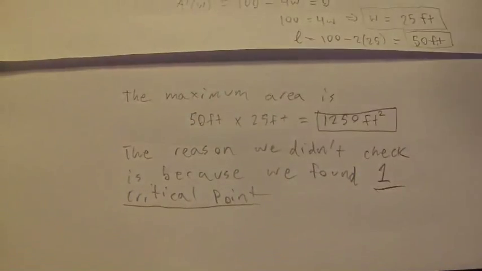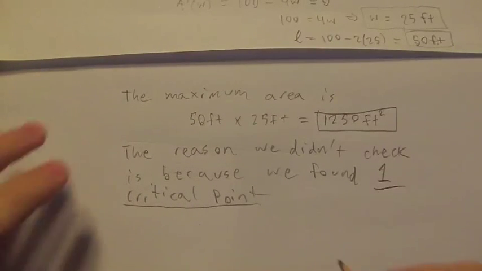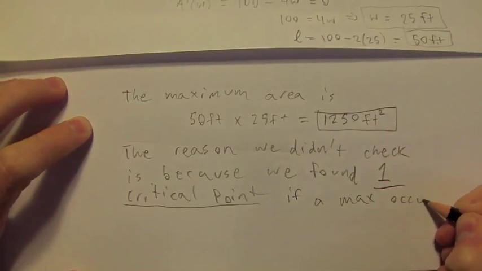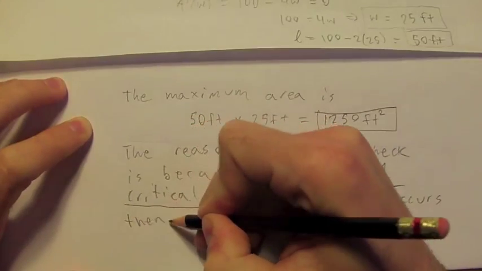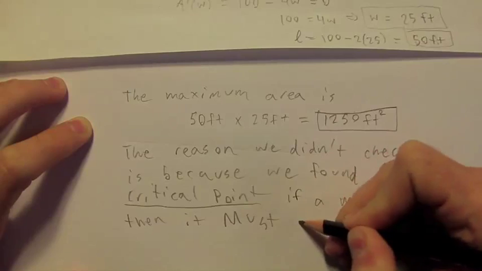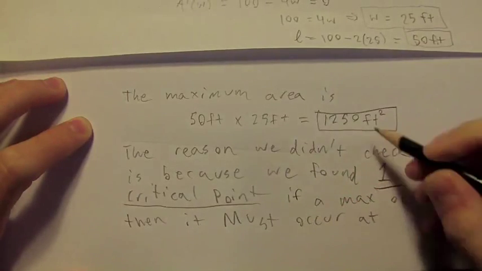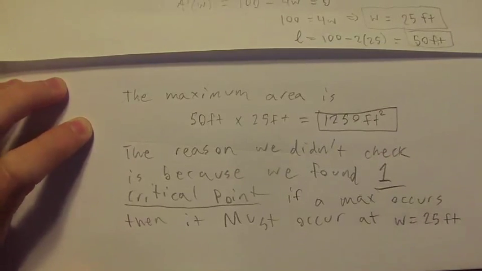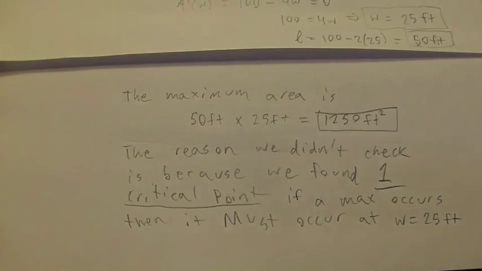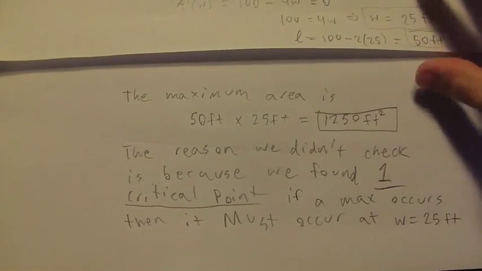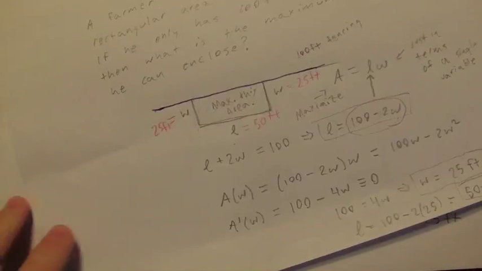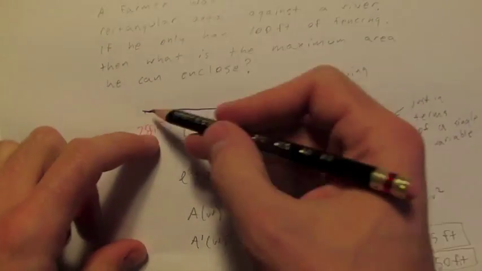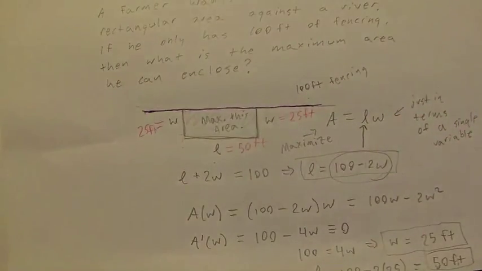Since we found one critical point, if a max occurs, then it must occur when W equals 25. Okay, it has to. And it's not going to be a minimum, because a way you could get a minimum area is if you let W be 0. Right? If W is 0, you would just have this line here that's 100 feet long, and you would have no area.